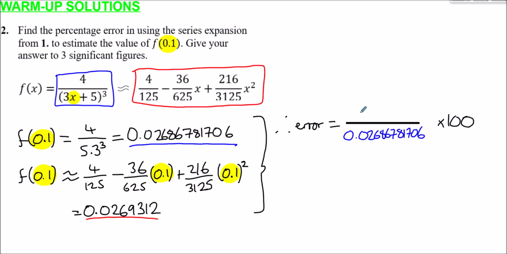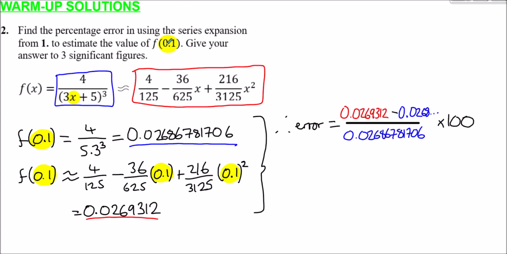So just to work out on the top the difference between the actual and the approximation. So the difference is 0.0269312 minus the exact here, which is 0.0268, and so on and so on.